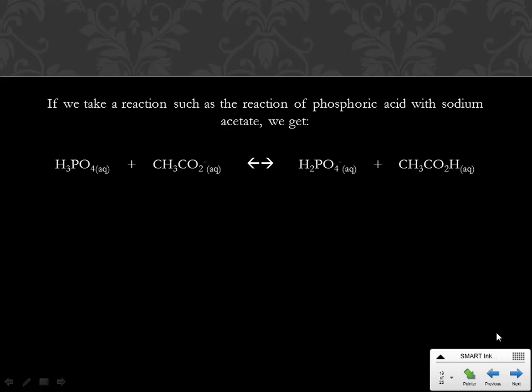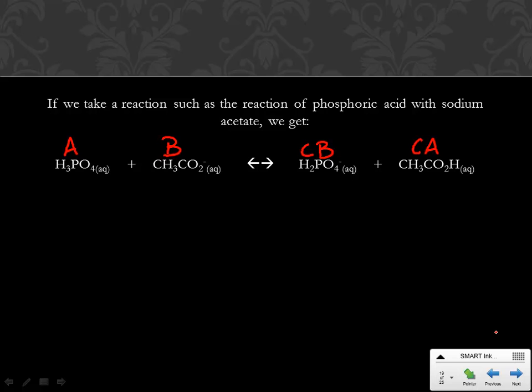If we take a reaction such as the reaction of phosphoric acid with sodium acetate, we get something that looks like this. When we assess this, we find that phosphoric acid is the acid, and the acetate ion, or sodium acetate, is the base. And on the other side, we find that the acetic acid is our conjugate acid, and the dihydrogen phosphate, this ion right here, is our conjugate base.